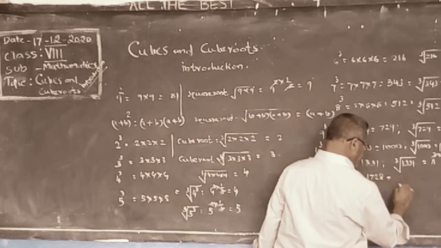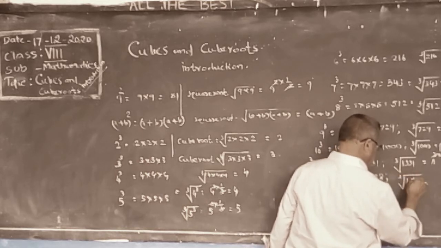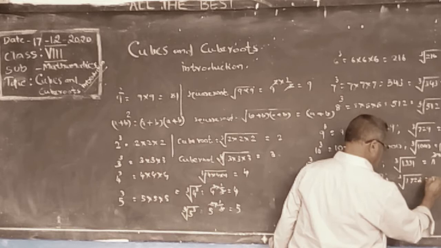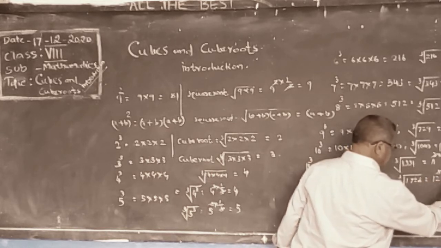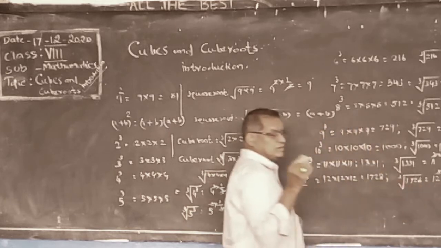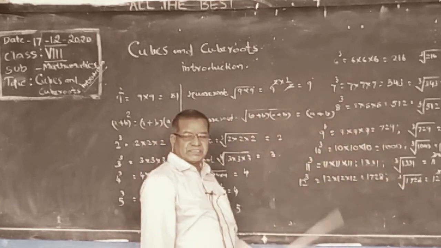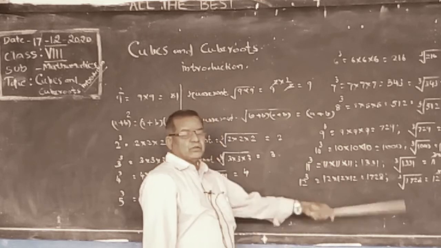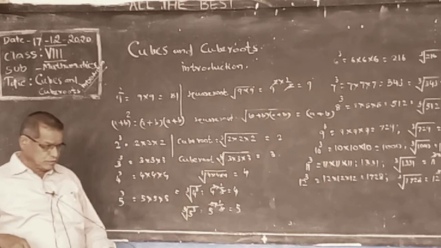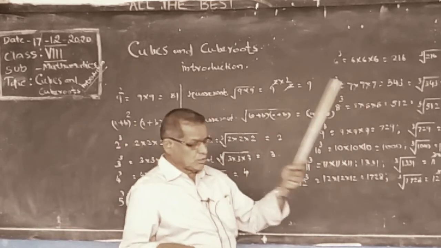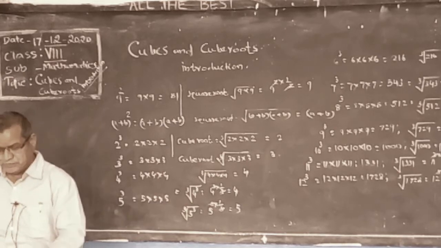The cube root of 1728 is 12 cube; cancel, we get 12, in short form. There are three 12s in the cube root, and we write only one number, that is 12. So like that, we have to do cubes and cube roots.